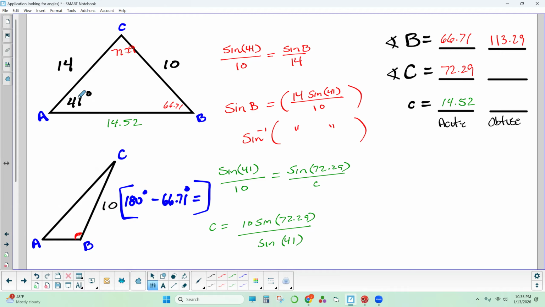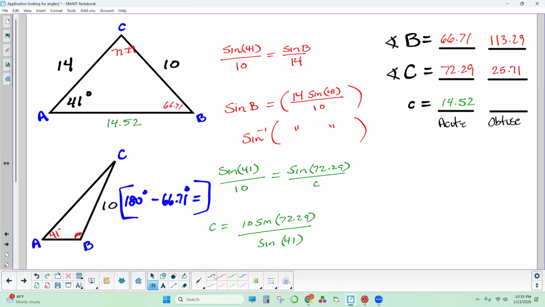And now if we take 41, which remains the same, and 113.29, we take that away from 180, we can find our third angle, which is angle C. And that gives us 25.71. Okay? All right. Now, the last thing we got to do is find side C, and you can see this is going to be a lot smaller here.